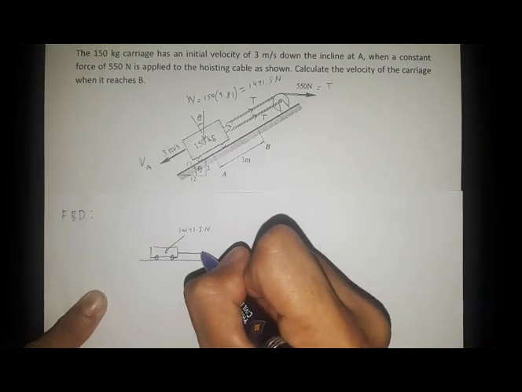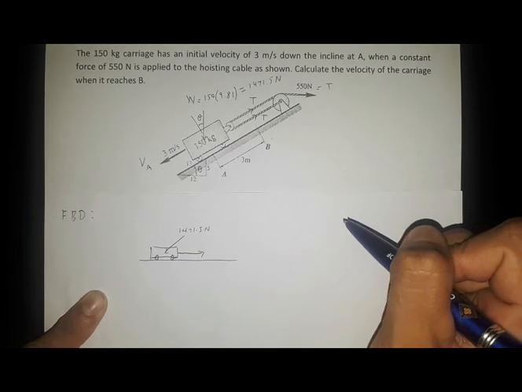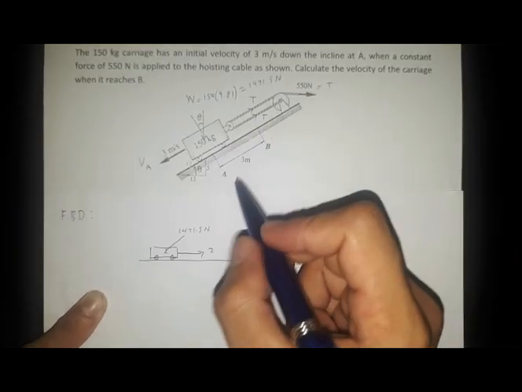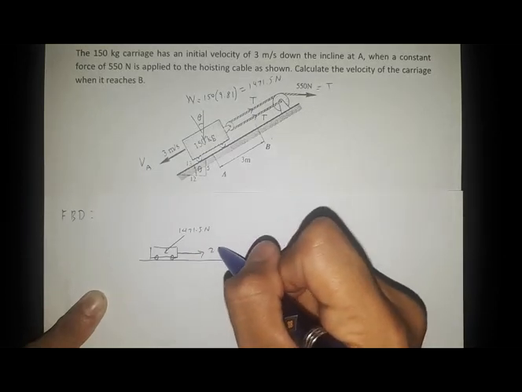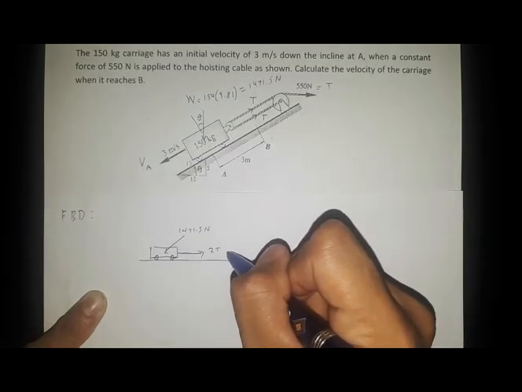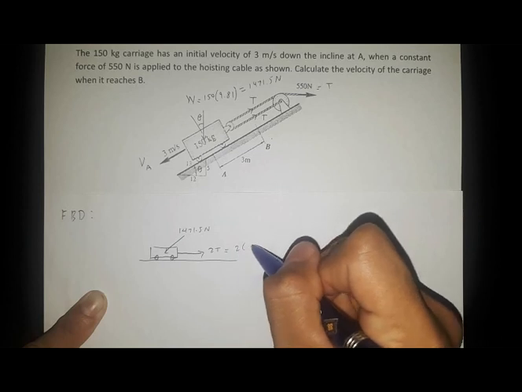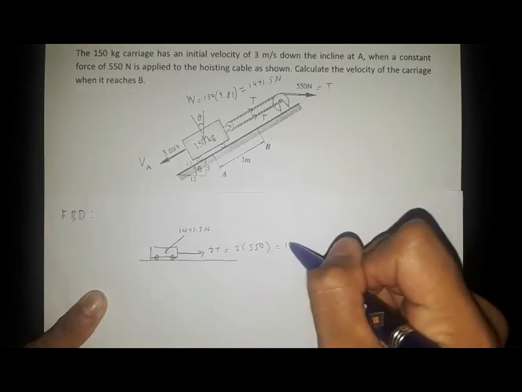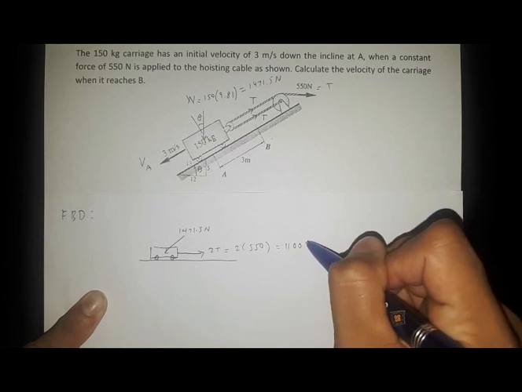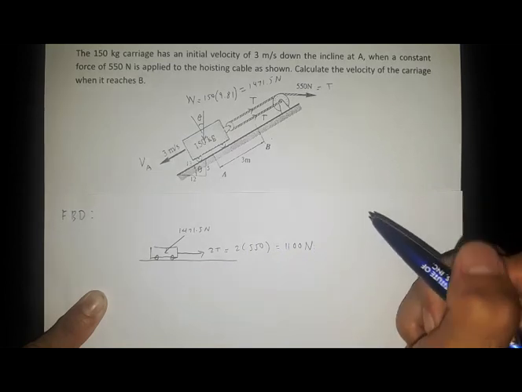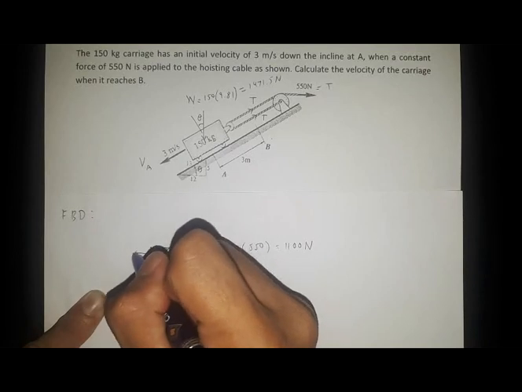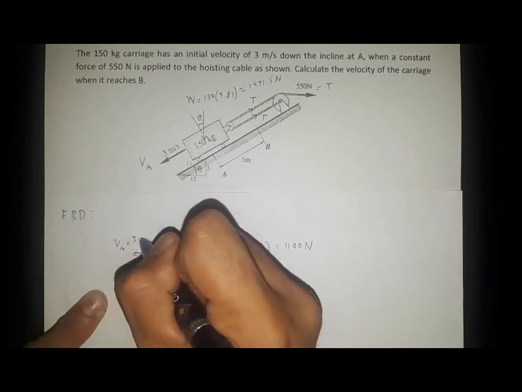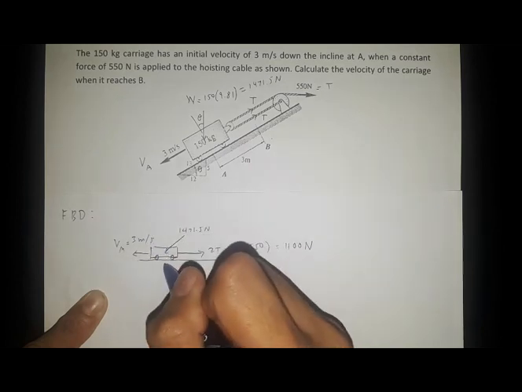Now, the force experienced here is twice the tension. So the pulling force is 2T, or 2 times 550 equals 1,100 newtons. And your initial velocity VA is equal to 3 meters per second.